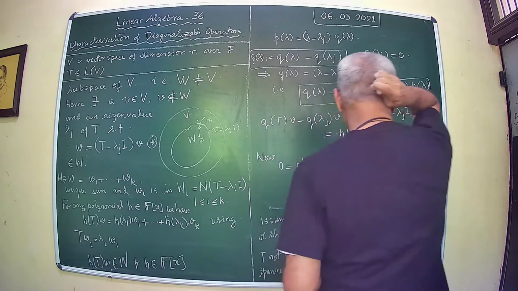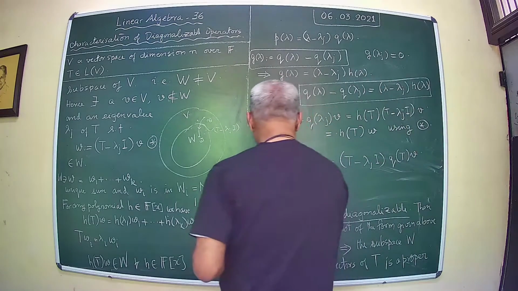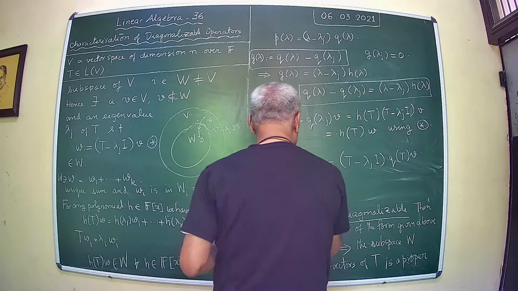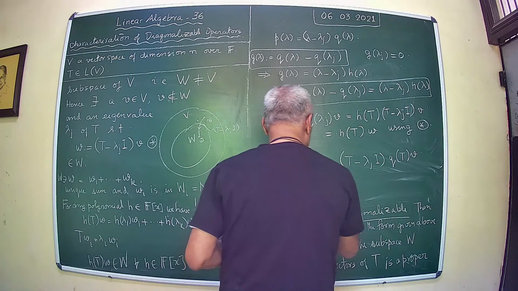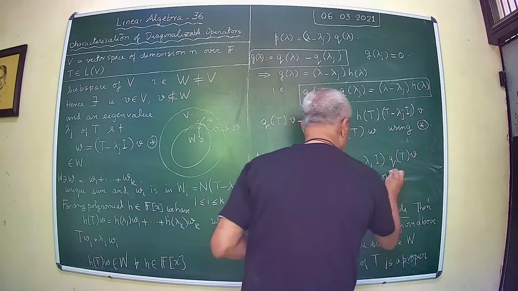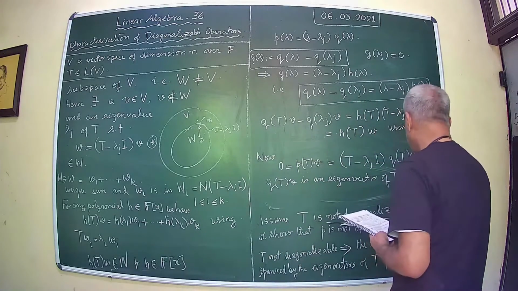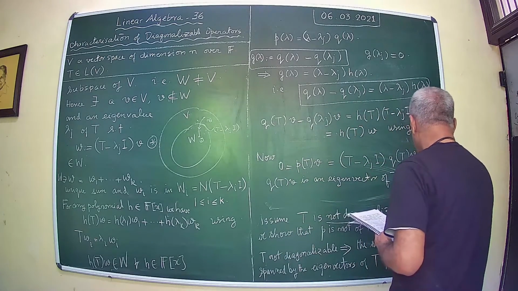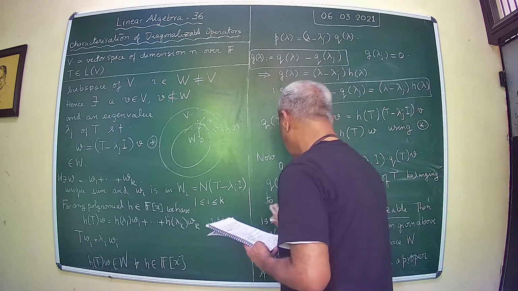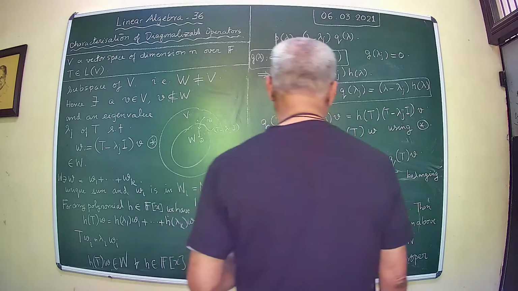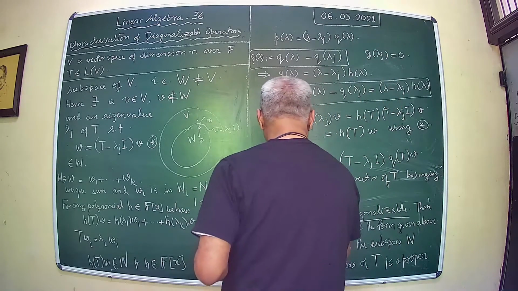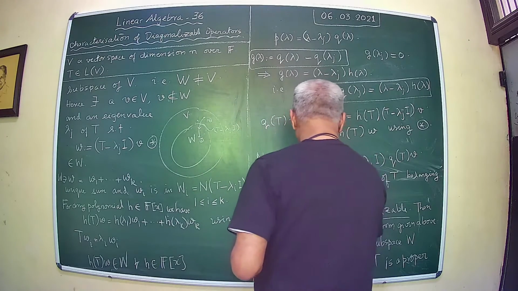Therefore, what we infer? We infer that QT v is an eigenvector of T belonging to lambda equal to lambda j. Now QT v is not equal to 0.